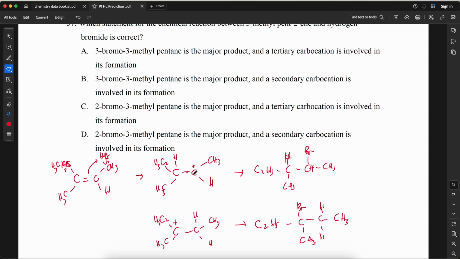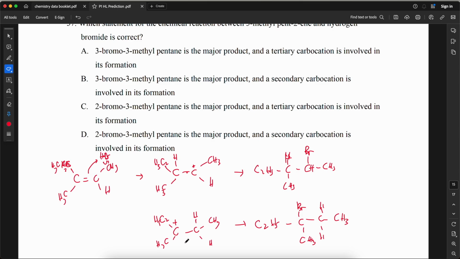As you can see, this one is the secondary carbocation because it is attached to one alkyl here and one C here. But for this one, it is attached to 3 alkyl, one C here, one C here, one C here. So this is the tertiary carbocation.